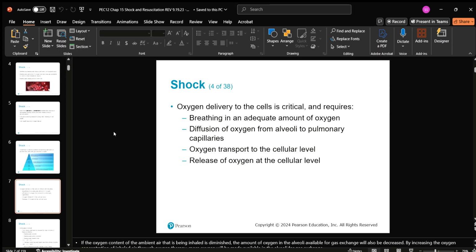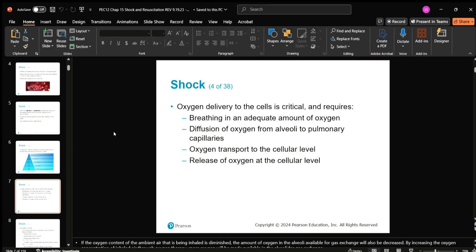All right, we're going to get past that. So oxygen is key to survival here. We have to get oxygen to our cells, and the only way to do that is through respiration. So we have to give oxygen to our cells. And if our patients can't breathe, we're going to have to breathe for them.